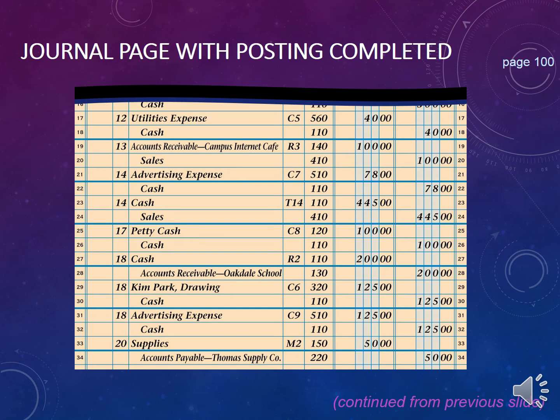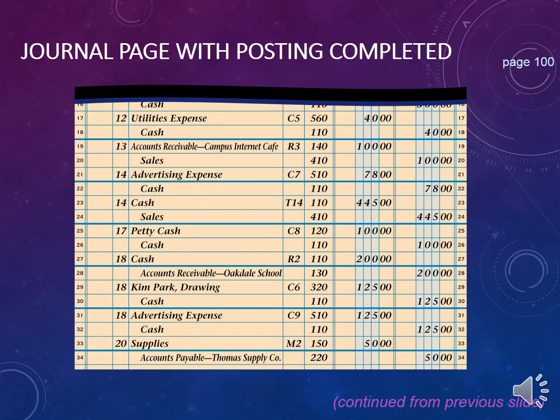If you have a debit balance and a credit transaction, you will subtract to find your new debit balance. If you have a credit balance and a debit transaction, you will subtract to find your new credit balance.